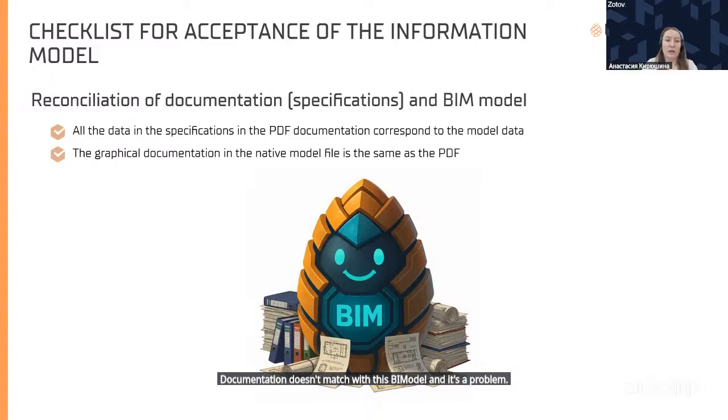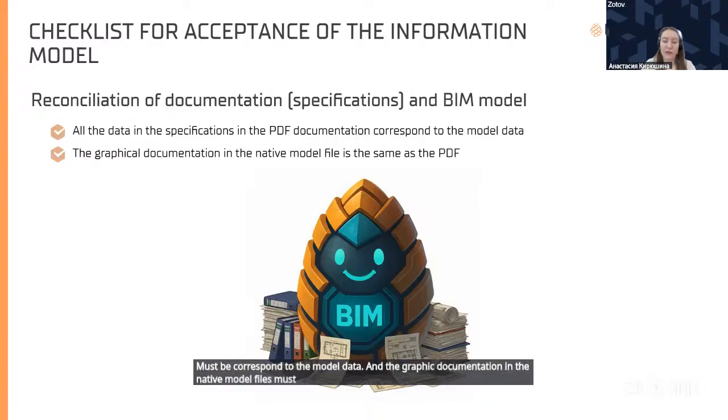In this way, we can't use our data and can't go on to the next step to use it for 4D or 5D. We can't estimate the cost of the building and other things. So all data in the specification and in the PDF documentation must correspond to the model data. And the graphic documentation in the native model files must be the same as the PDF documentation.